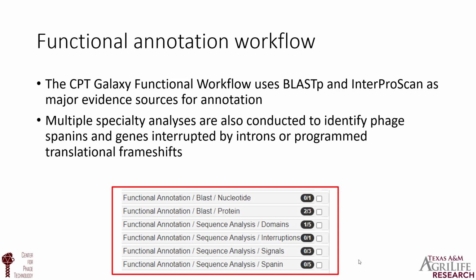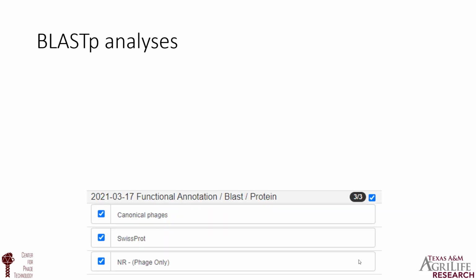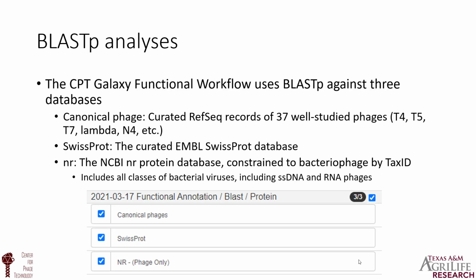We're not going to deal with all of those in great detail in this talk. All the evidence tracks that are produced will be displayed in Apollo as shown below. So we're going to be talking mainly about BLASTP and InterProScan analysis, because these are the two main general tools that we use to predict protein function.